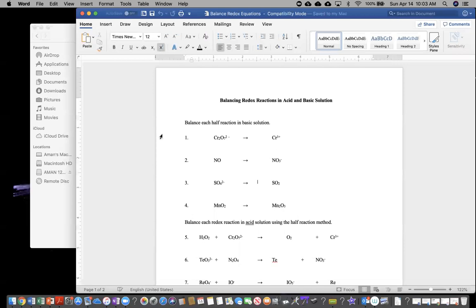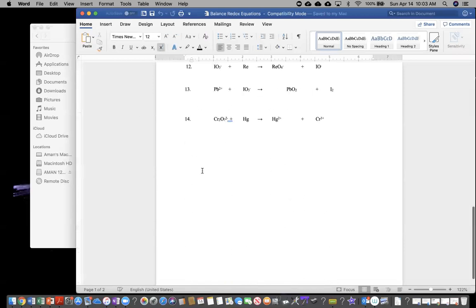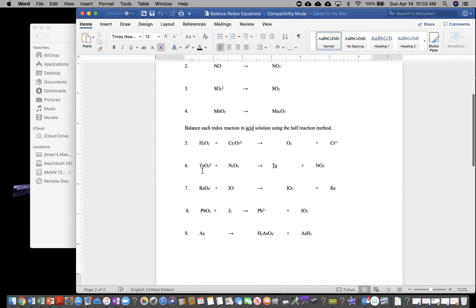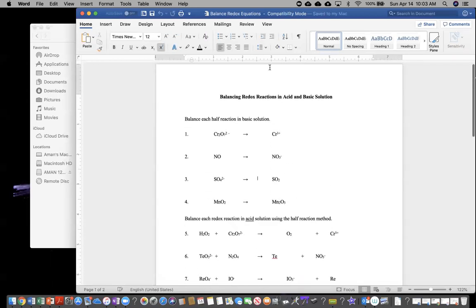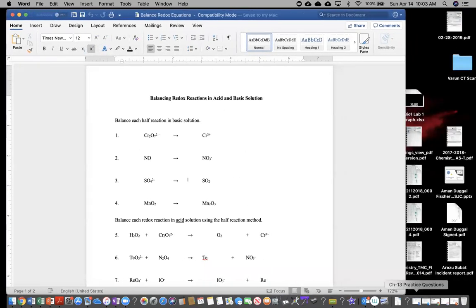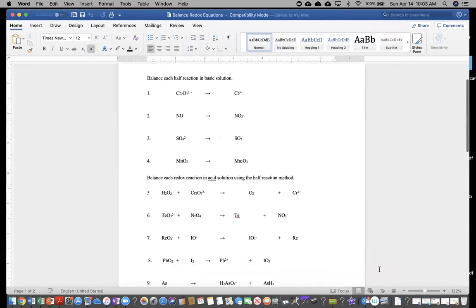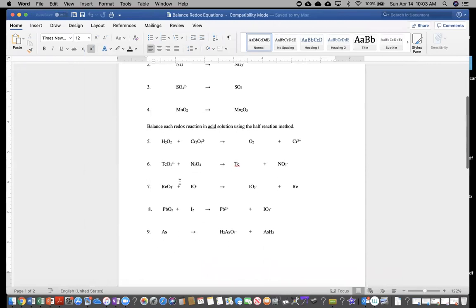It's on the last page. Actually, that one would work. Any of the acidic ones, really, where you have to use the half reaction method. All of them, you use the half reaction method. So the half reaction method is where you divide your reaction into halves, right? Yeah. So let's pick the first one.